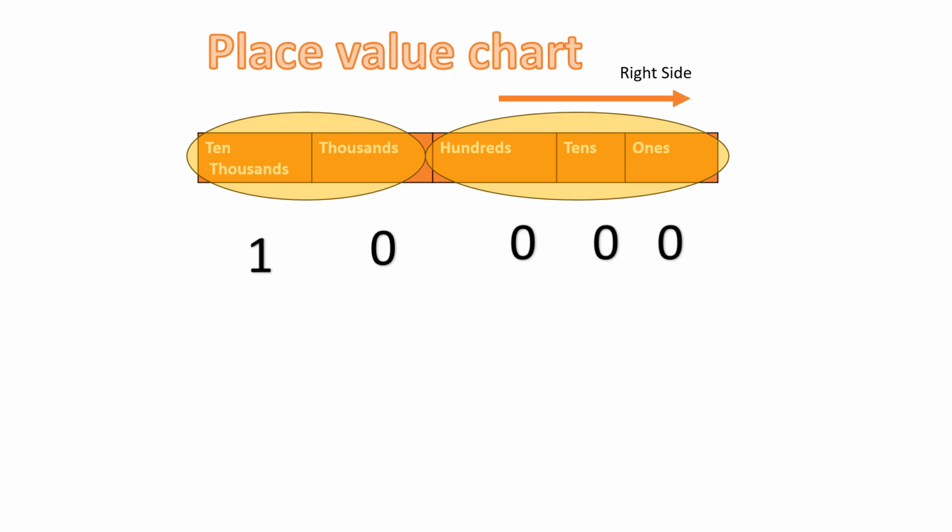After the first 3 digits from the right side, 0, 0, 0, we put a comma. The next group is the thousands group, and we have 2 places in the thousands group, 10,000 and 1000. So here we are not putting any comma. Alright. So what is the final answer? It will be 10,000. It is written like this.